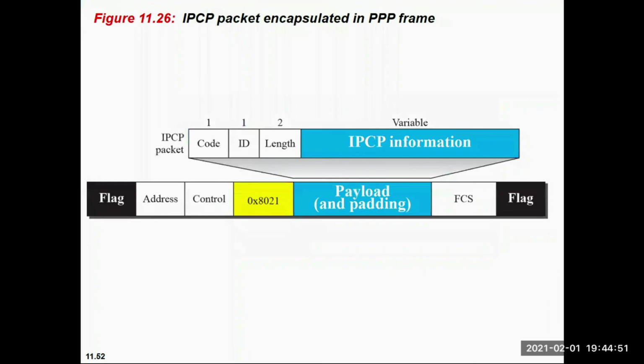The IPCP packet in the frame payload will look like this: the code, ID, length, and IPCP information.